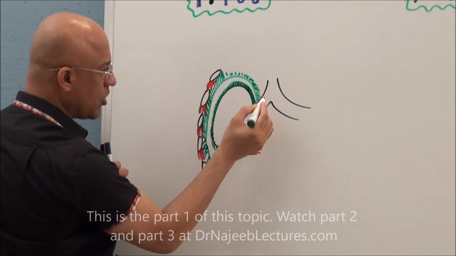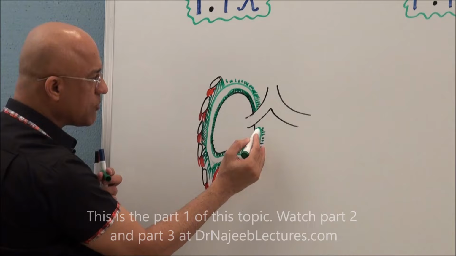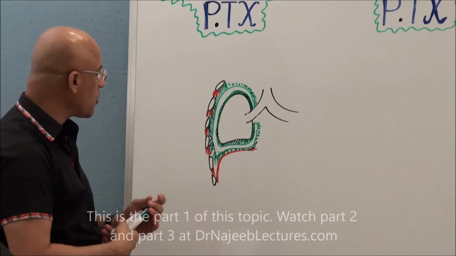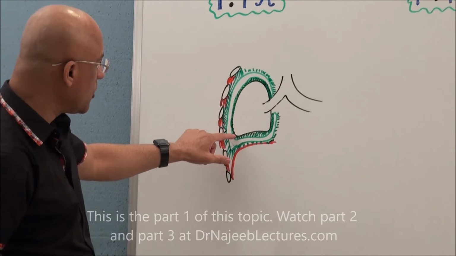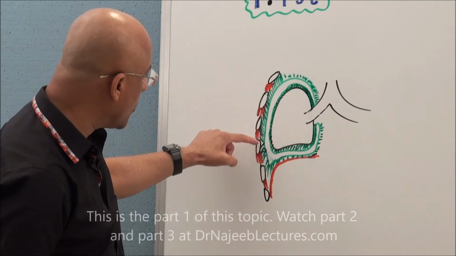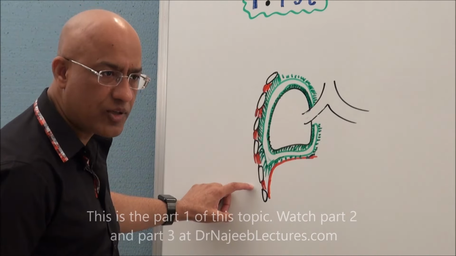This outer layer we call the parietal layer of pleura. So basically pleura consists of two layers: visceral pleura, which is attached with the lung parenchyma, and parietal pleura, or outer pleura, which is attached with the thoracic cavity.